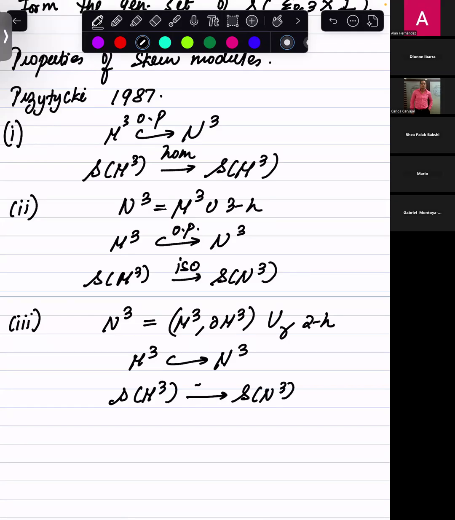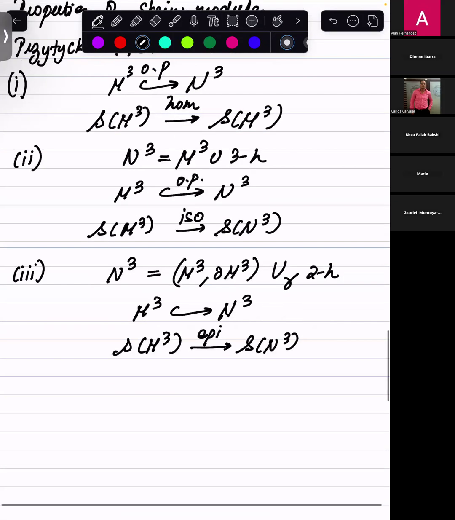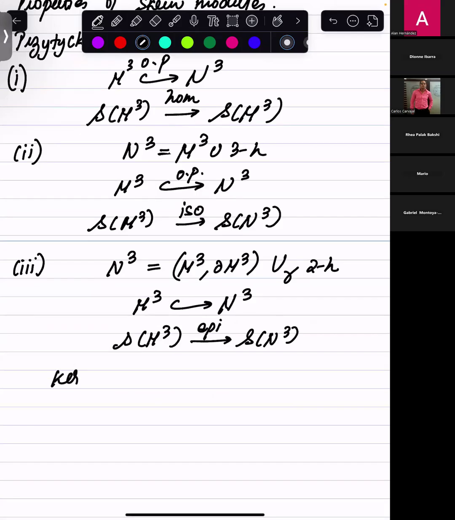It's not just a homomorphism, it's an epimorphism as well. Let me call this I star, and this is my embedding I. Then the kernel of this epimorphism is given by handle sliding relations.